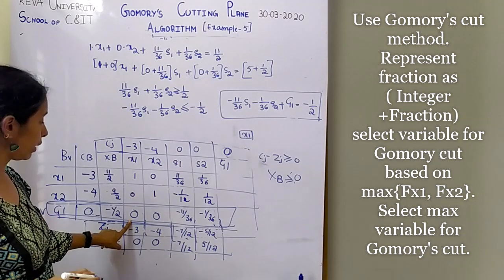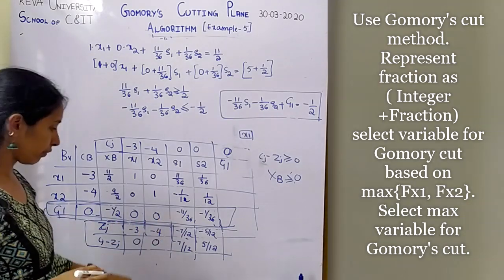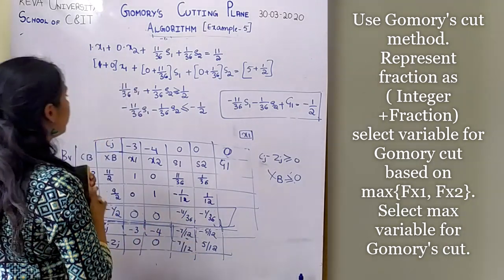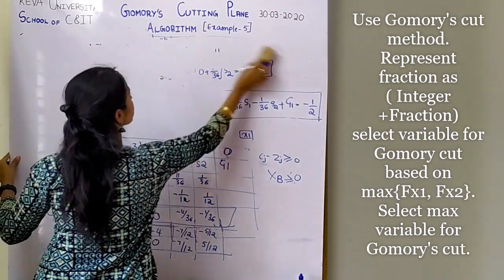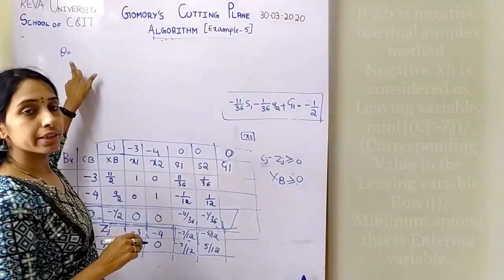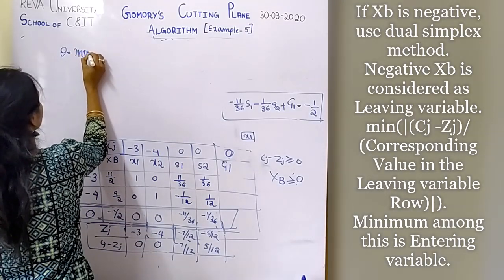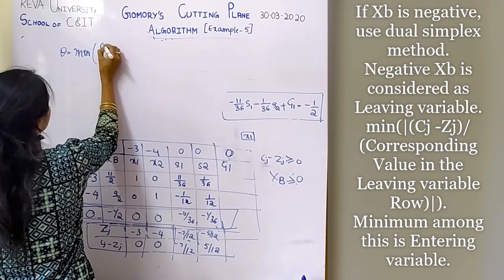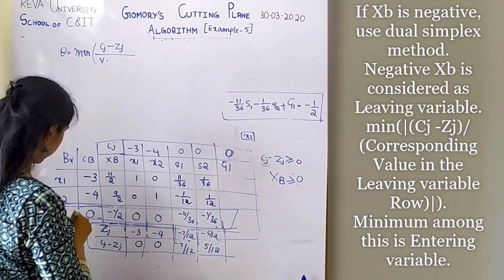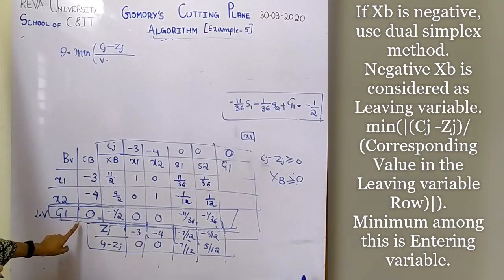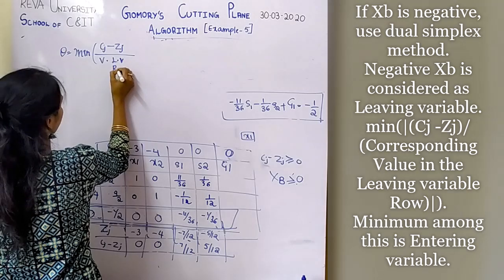Now you have to find out the entering variable. How will you find out the entering variable? To find out the entering variable, you have to use the formula. Theta is equal to the minimum of Cj minus Zj divided by value in the leaving variable row.